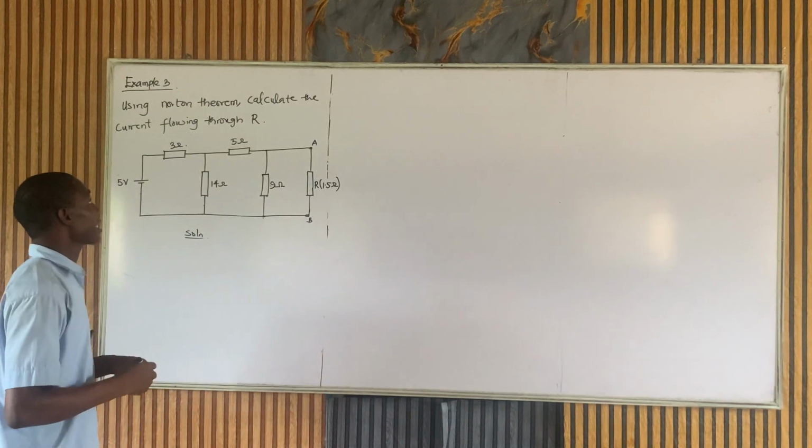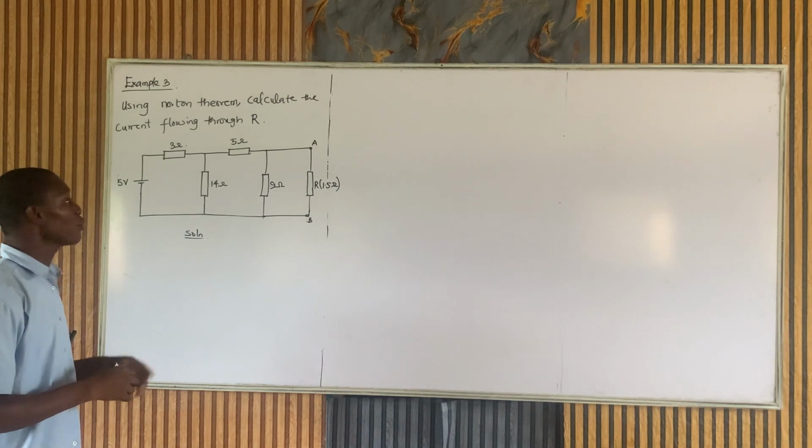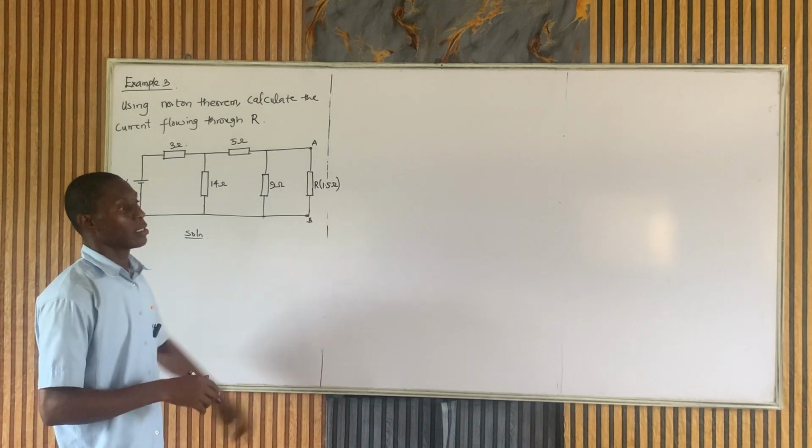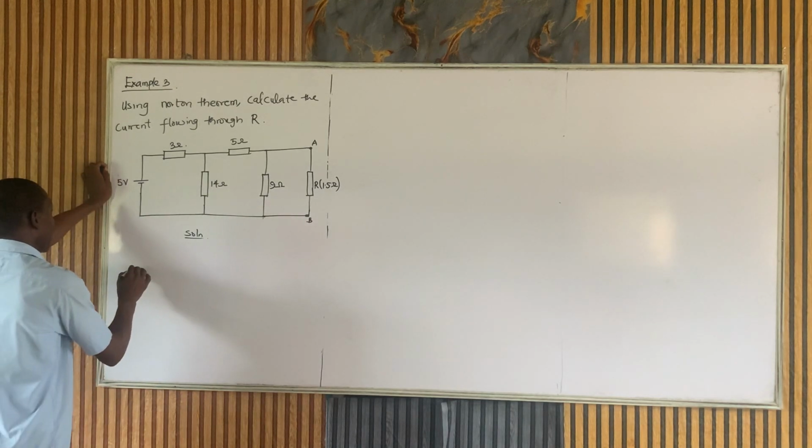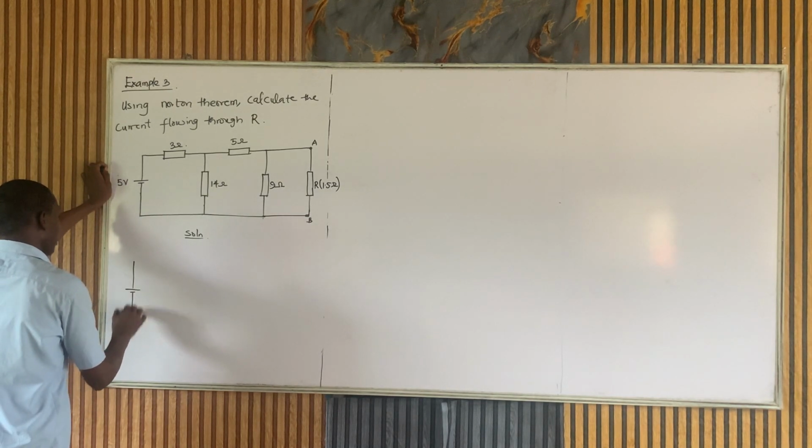Using Norton theorem, calculate the current flowing through this R. Well, quite easy. First of all, short circuit the load resistor. We would have this.